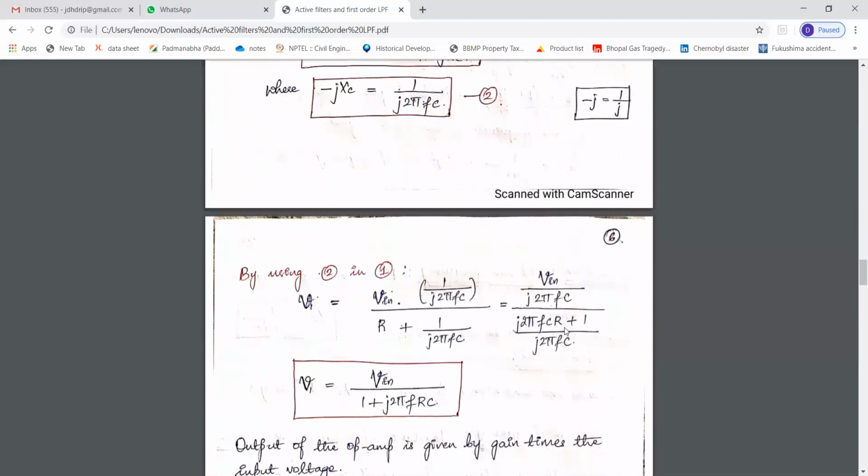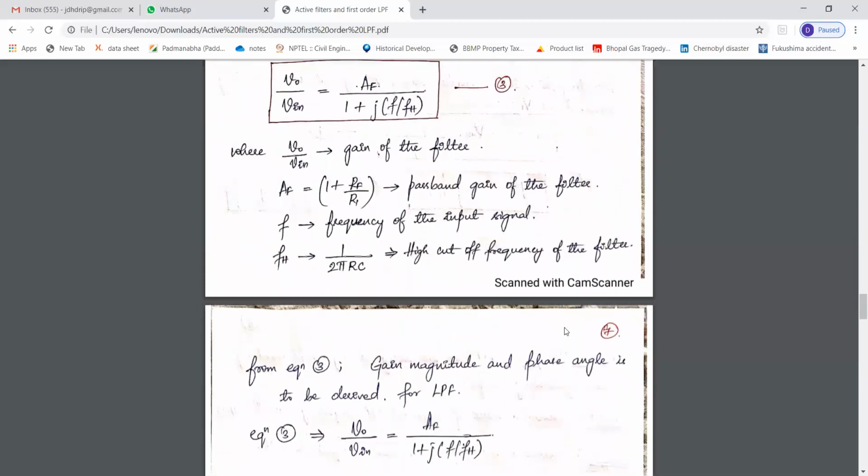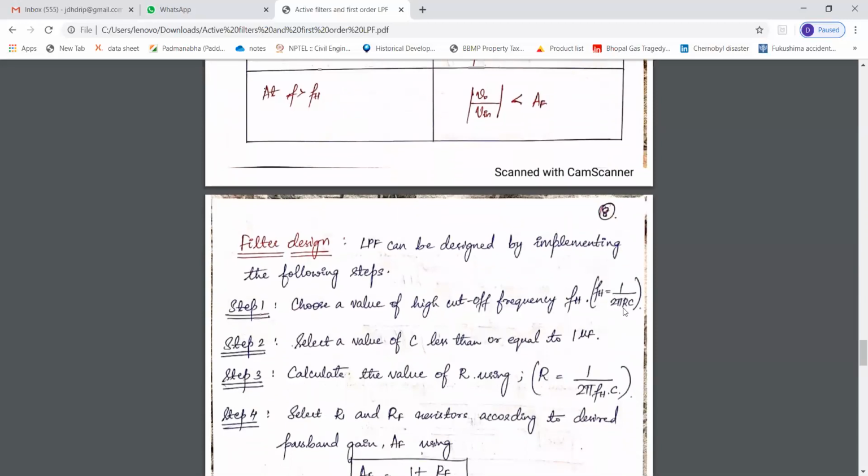We know FH is equal to 1 by 2 pi RC, isn't it? So R will be equal to 1 by 2 pi FH into C. From this equation itself, you can obtain the value of R. So we know FH and C. We have already chosen a value for FH and C in step 1 and step 2. And in step 3, we are going to compute the value of this resistor R.